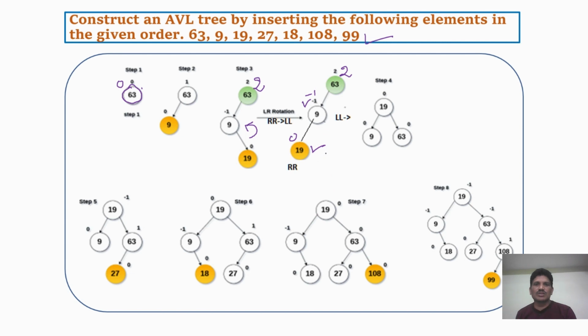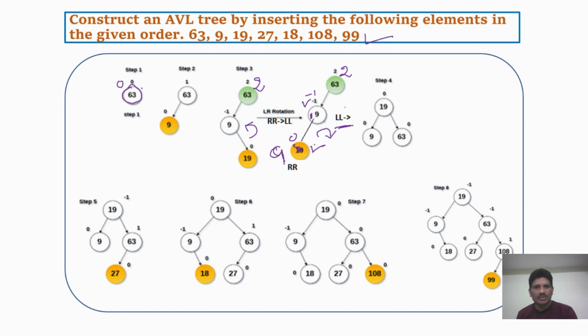After that, it is also not an AVL tree. Then we can perform the LL operation, so we should rotate to the right. Sorry, the 19 comes here and the 9 comes here.